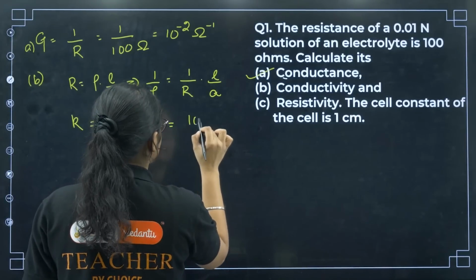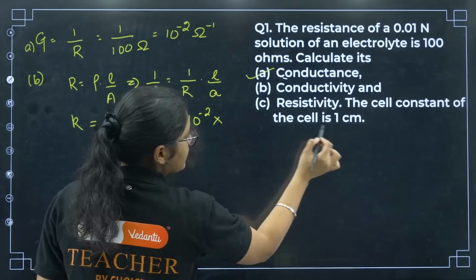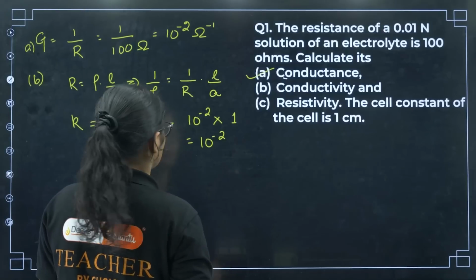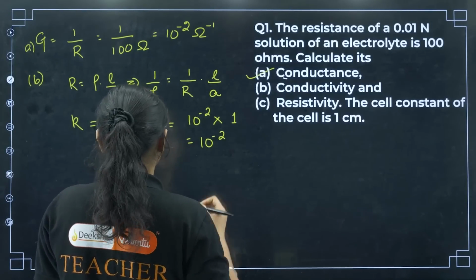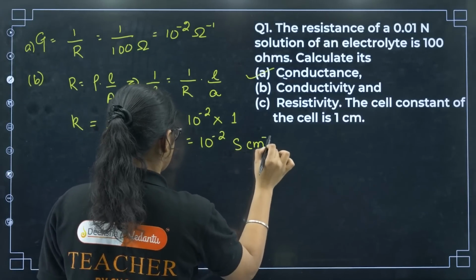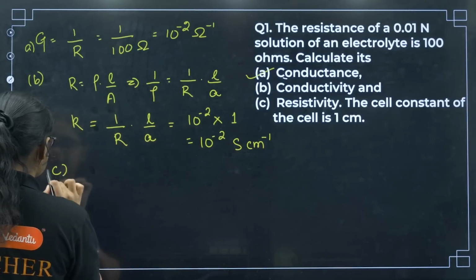That is 10 to the power of minus 2, and L by A is 1. So I will get 10 to the power of minus 2, and that is ohm inverse centimeter inverse, so S per centimeter.